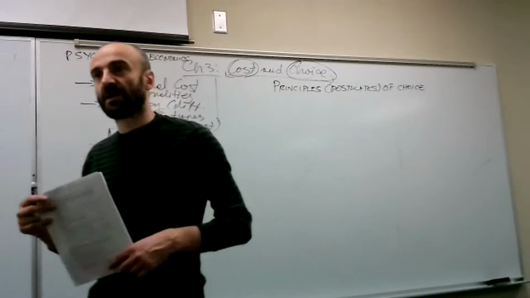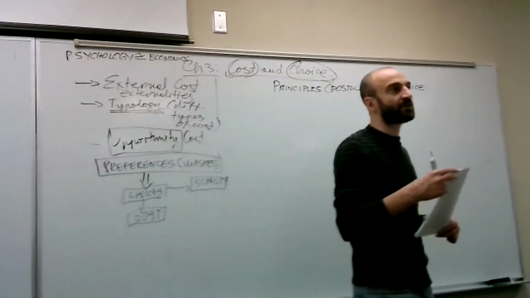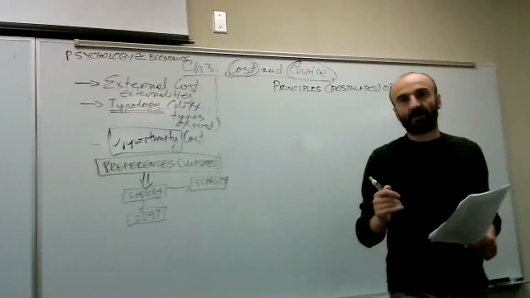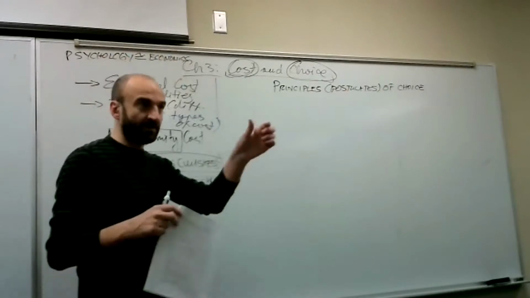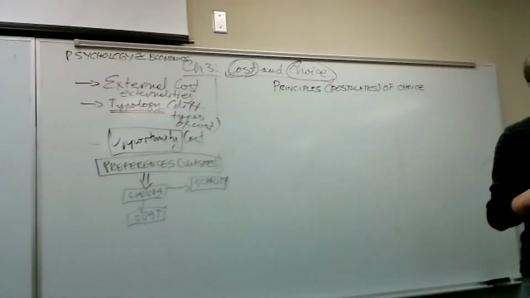That's the reason. It's a subjective act of choice. Only you can know what was the second best alternative at the moment of choice for you. You can tell me, but I may or may not believe you. So that's what it means, that the cost is subjective.